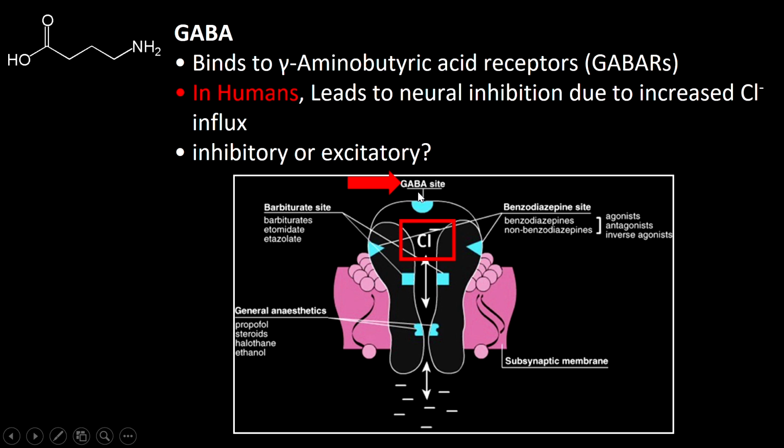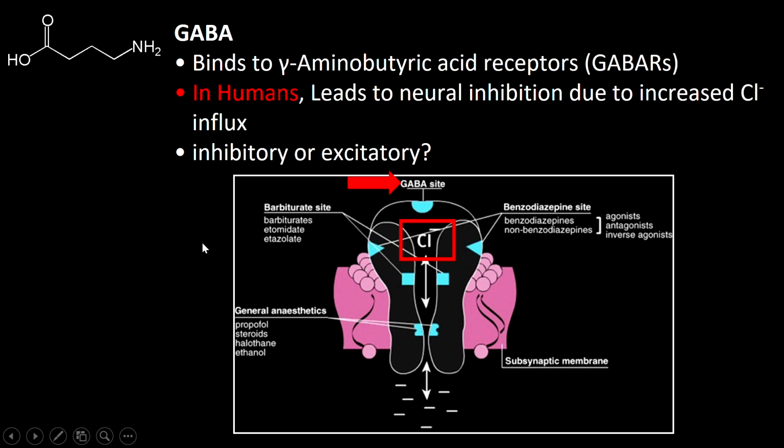And GABA also has a lot of agonists, and these agonists are not competitive agonists. For example, general anesthetics. These anesthetic drugs put you to sleep. They are also GABA agonists. They inhibit your neurons, so you're going to fall asleep. There is another binding site, and they all can inhibit your neurons.